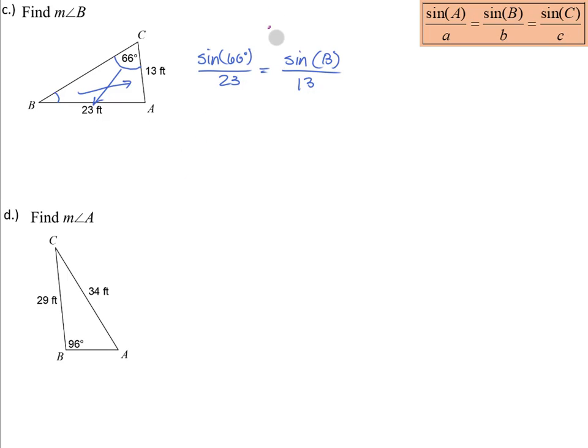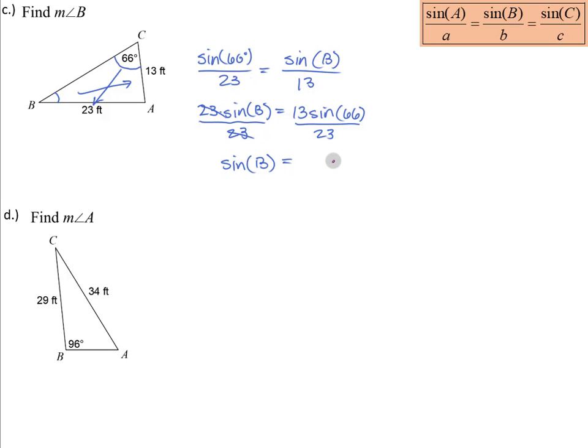Okay, so once again, we are going to cross multiply. So we get 23 times the sine of B equals 13 times the sine of 66. Okay, well, I need to get sine of B by itself, so we're going to divide away the 23. And then lastly, to get B out of the sine function, like we did before, we need to use the inverse sine.